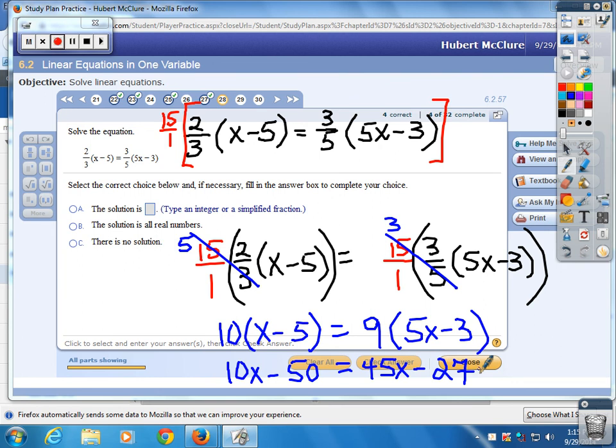And I'm going to take that 10x over, and that'll leave me with 35x on the right. Bring that 27 over, and what's negative 50 plus 27? Dang old negative 23.